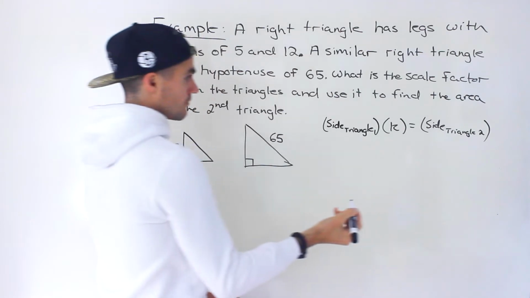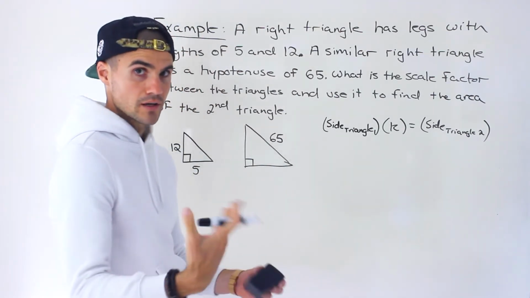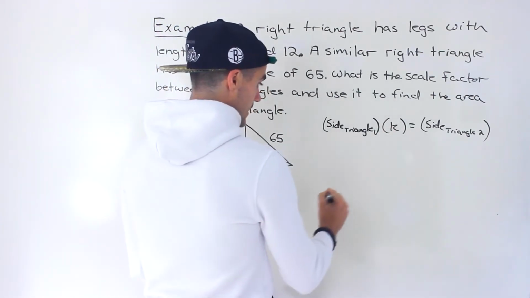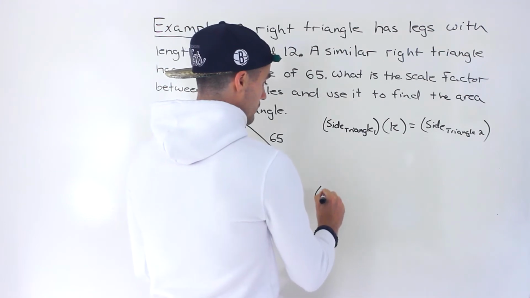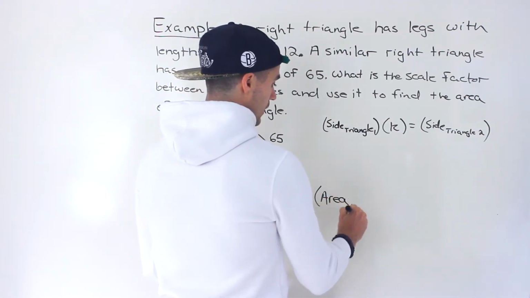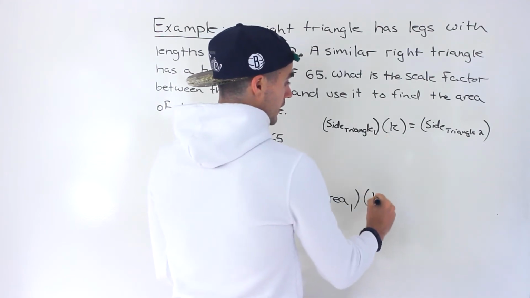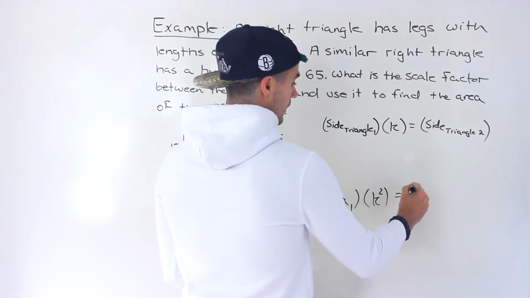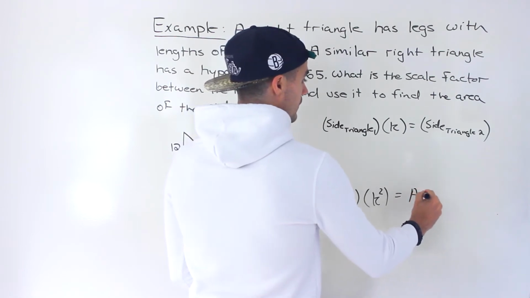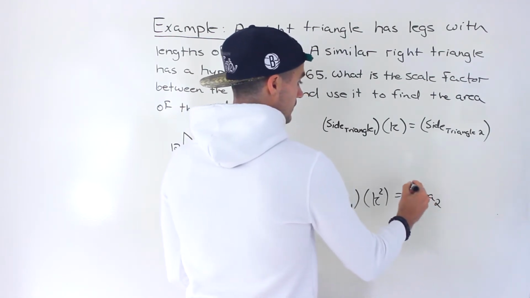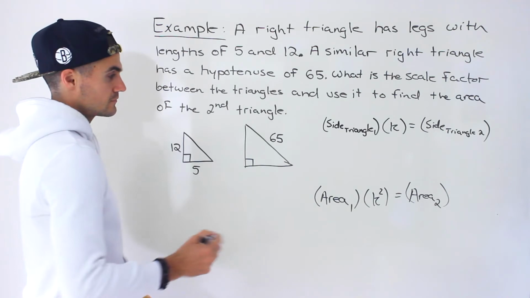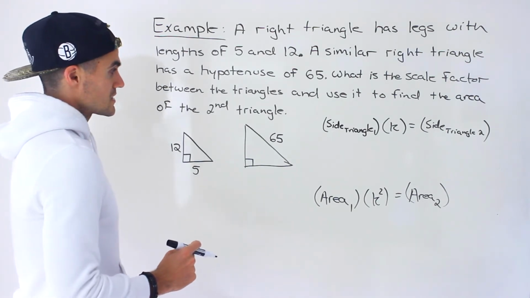And then we could also relate the areas of the triangle as well with that same scale factor. So we would have the area of triangle 1, but instead of multiplying the area by k, we'd be multiplying it by k squared, and we'd get the area of the second triangle, like that. Okay, so that's how we can use the scale factor.